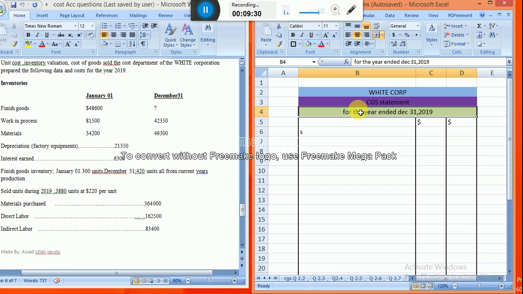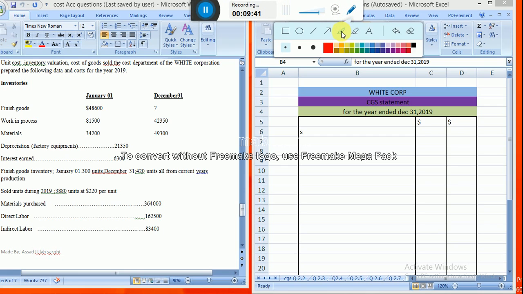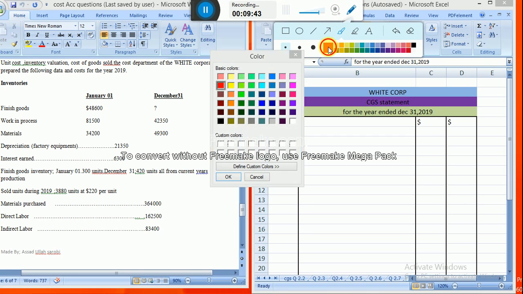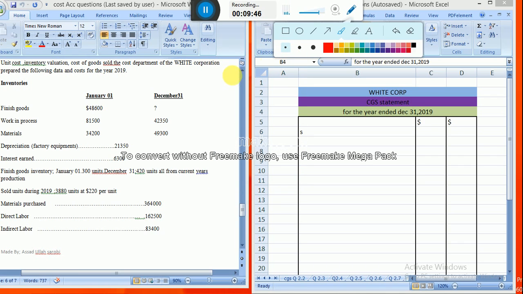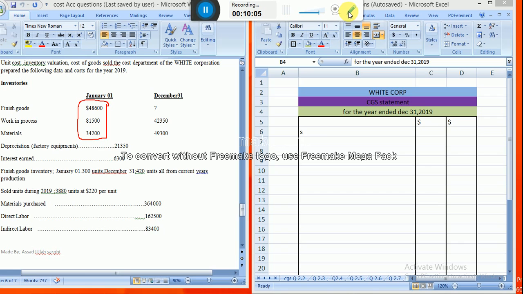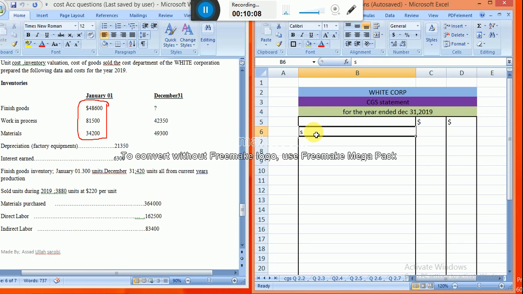So it means that the current year is 2019 and the previous year is 2018. All the January 1st inventories are the remaining inventories of the year 2018, so they become the opening inventory of 2019, and you know that we will start from the materials.